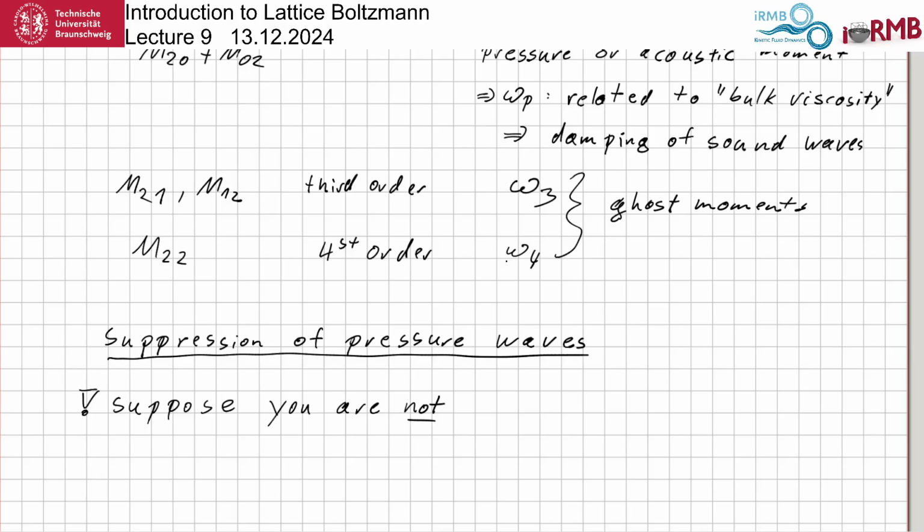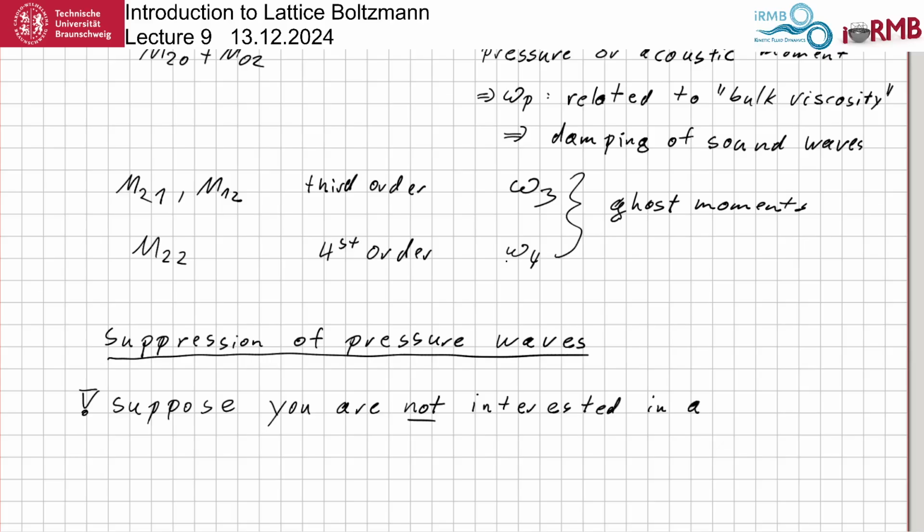So then people who want to do acoustics with Lattice Boltzmann say, no way, we are not interested in this. But suppose you're not doing acoustics. If we do acoustics, then we have to talk again.